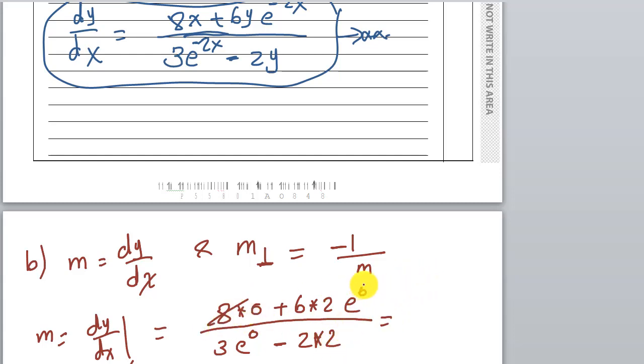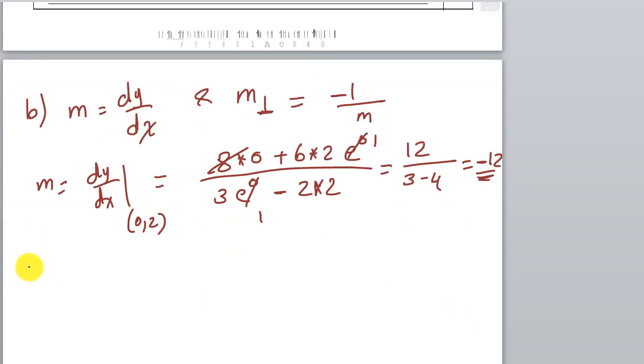So this is 0, e^0 is 1 and e^0 is 1. So 12 divided by 3 minus 4. So the answer is minus 12. So m perpendicular now is equal to minus 1 divided by m. So it's equal to 1 over 12.